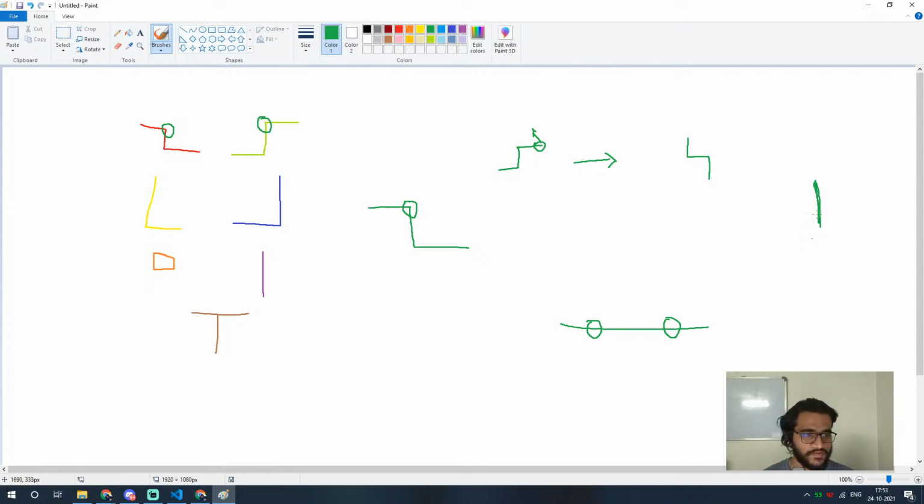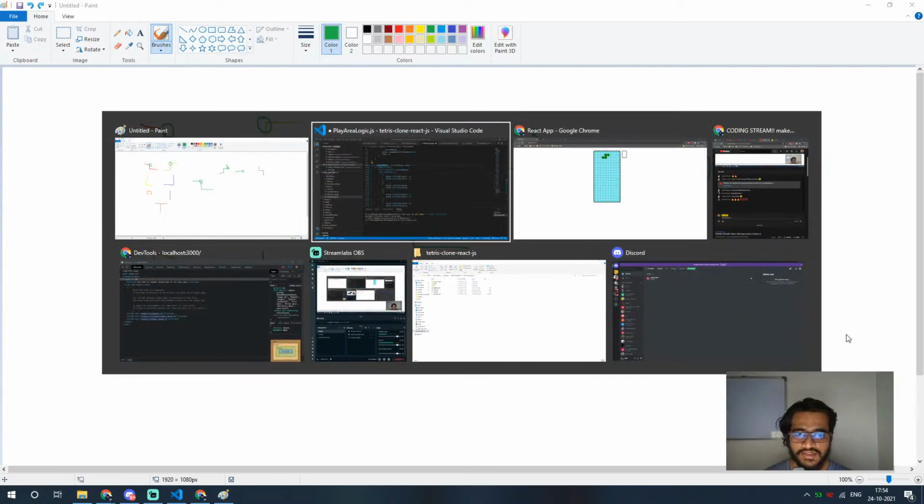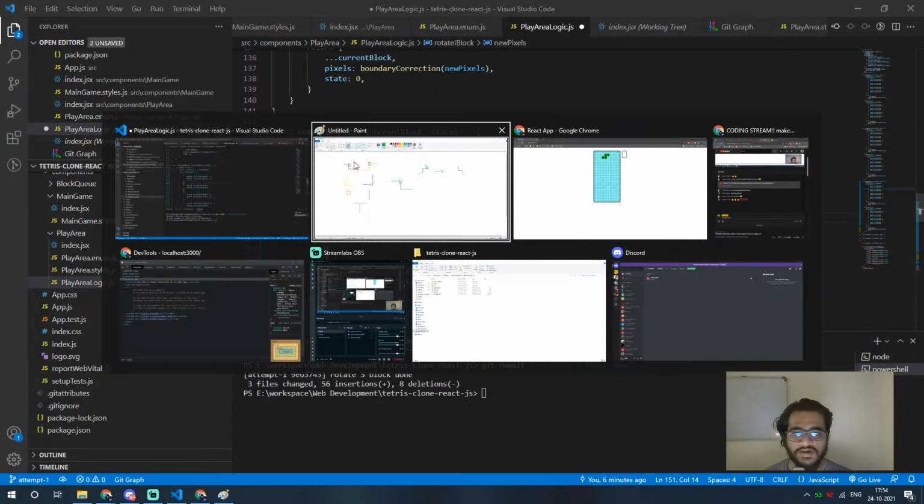On first rotation the second pixel would be the anchor point, so this would be the rotation, and when it is rotated again like this, on the second rotation, the third pixel would be the anchor point. I hope I'm making sense. I'll just continue with the logic for now.